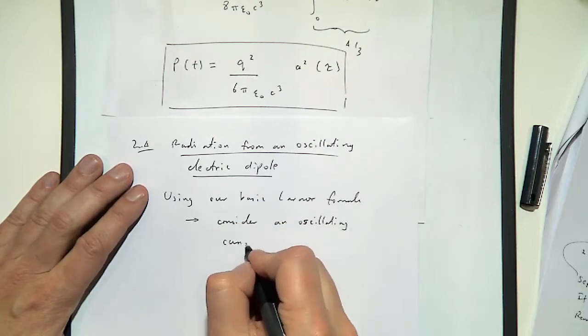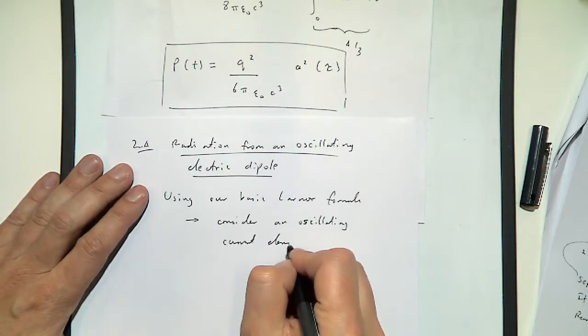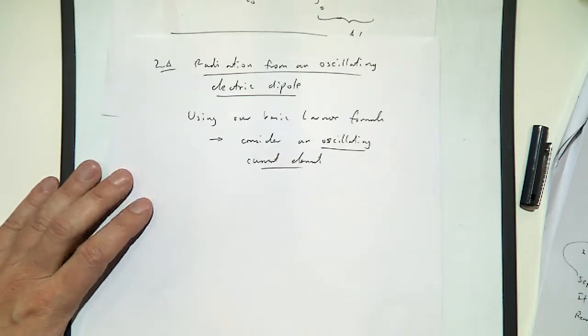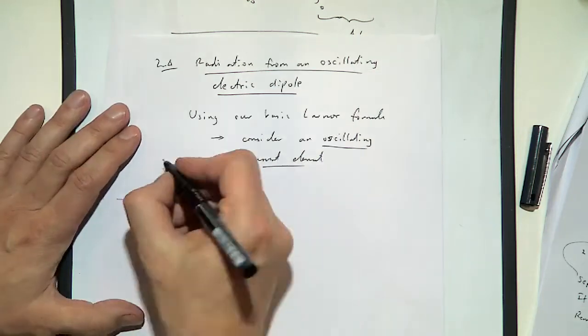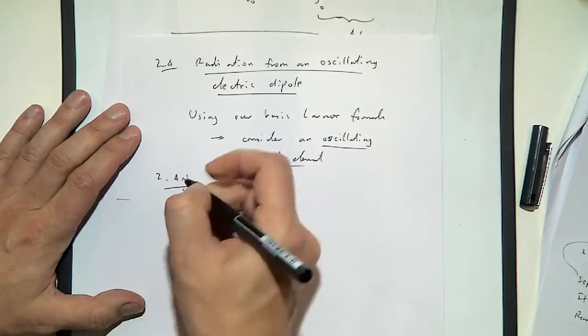Clearly you know that a moving charge constitutes a current, so we can think of a moving charge as being also equivalent to a current. So we can think of either generating the electric field pattern or the magnetic field pattern, but we realise that they're equivalent pictures. Okay? So let's look at the oscillating current picture.